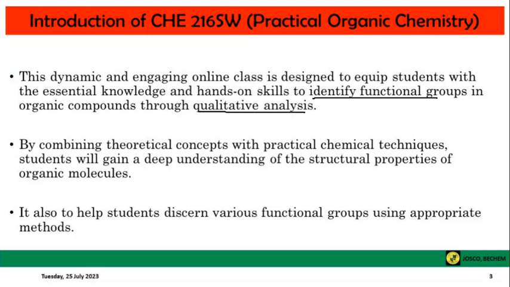By qualitative, we mean we are interested in whether there is the presence of the functional group or not, and in this case, whether there are alkenes or the presence of alkynes. It isn't concerned with how much or what actual compound is available.